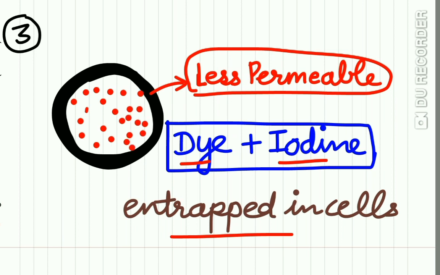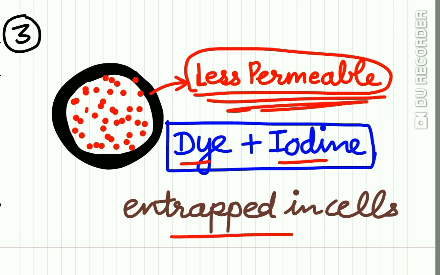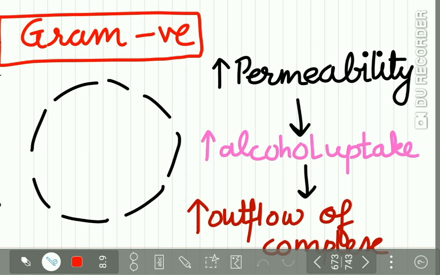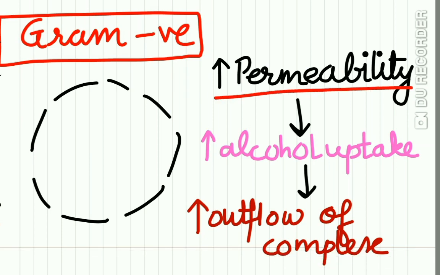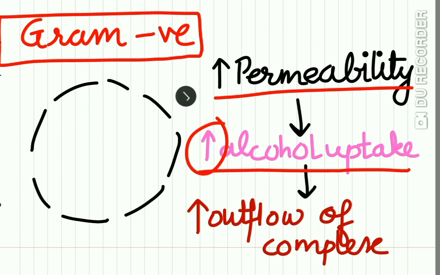So they resist decolorization because this membrane is less permeable. Now, the gram-negative organisms have an increased permeability. So when the decolorization is done with alcohol or acetone, there is rapid intake of alcohol inside the cell.